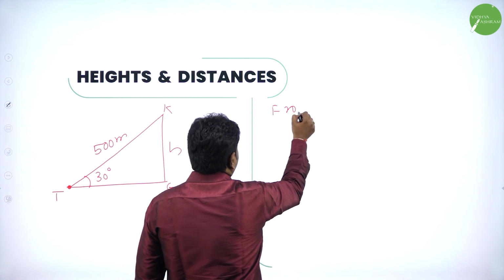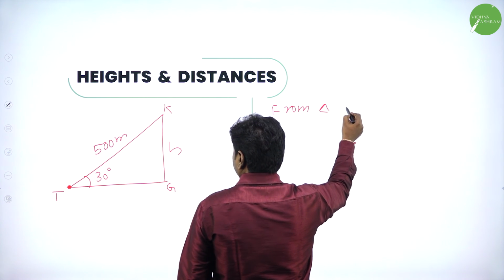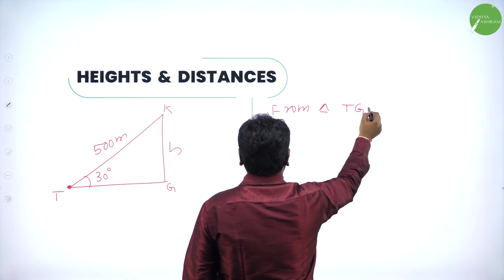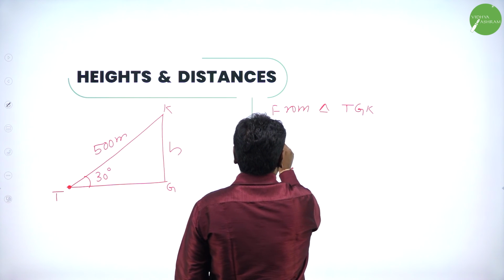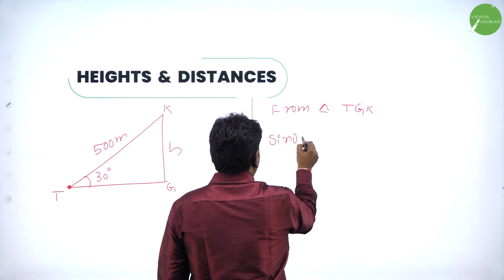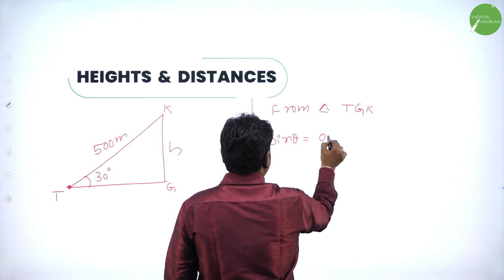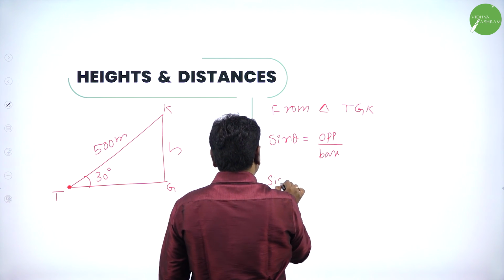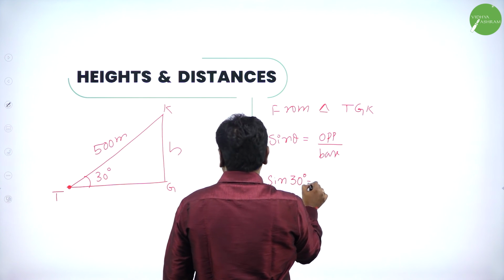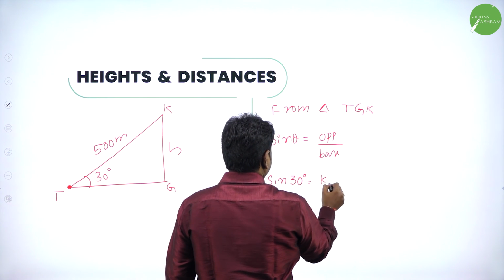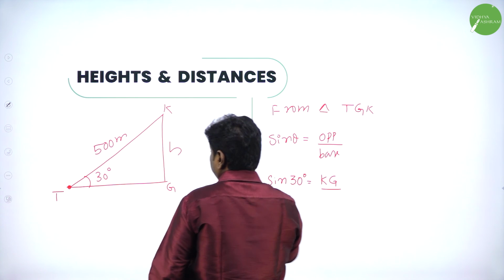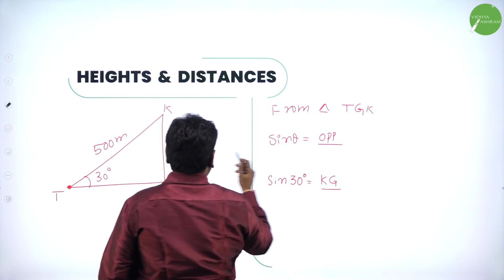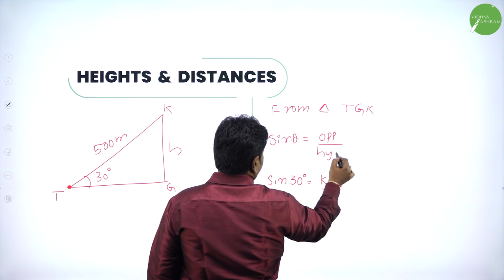Now from this, apply sin theta. From the triangle TGK, apply sin theta. What is sin theta? Opposite side divided by hypotenuse. Sin 30 degrees is the side opposite to 30, that is KG, by the hypotenuse.